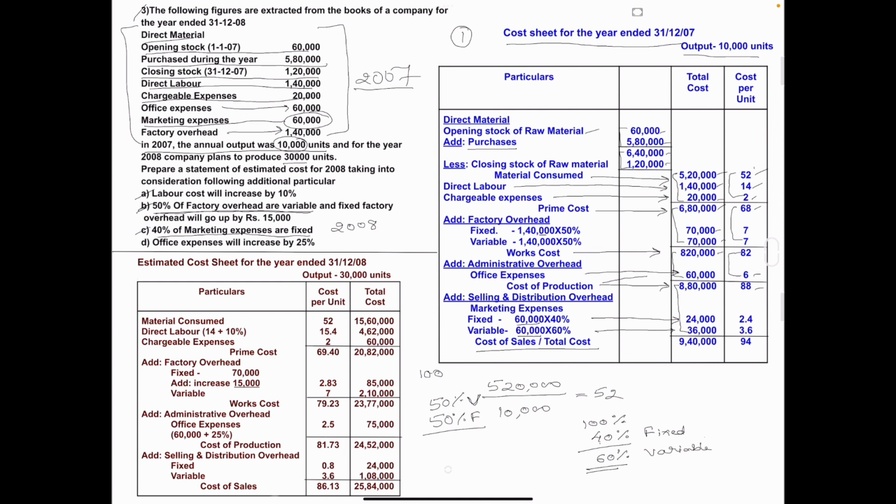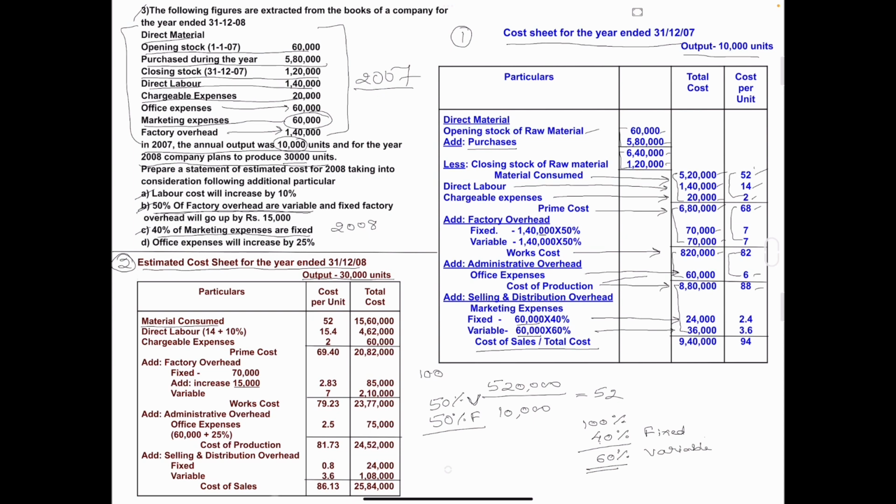Next we have to prepare estimated cost sheet for the year ended 31st December 2008. See in the problem. In 2008, company plans to produce 30,000 units. So the output is 30,000 units. Columns: particulars, cost per unit and total cost. First we have to take material consumed.